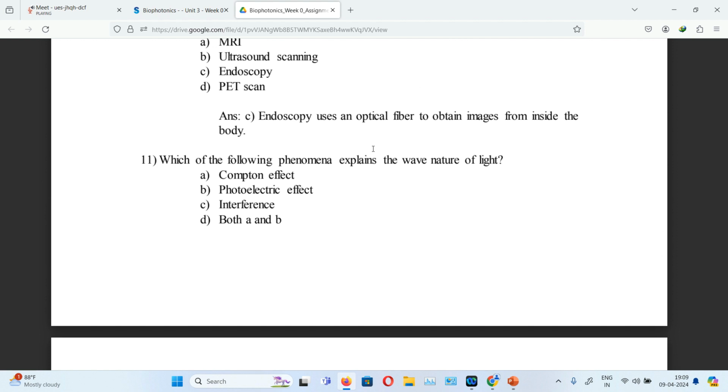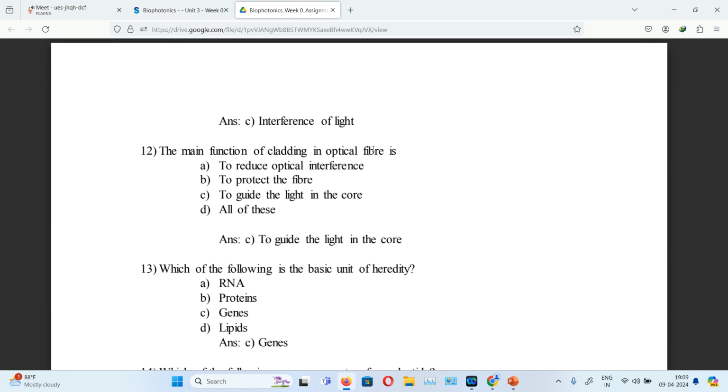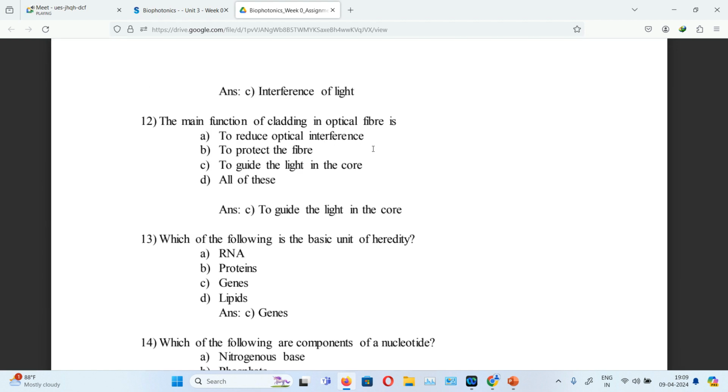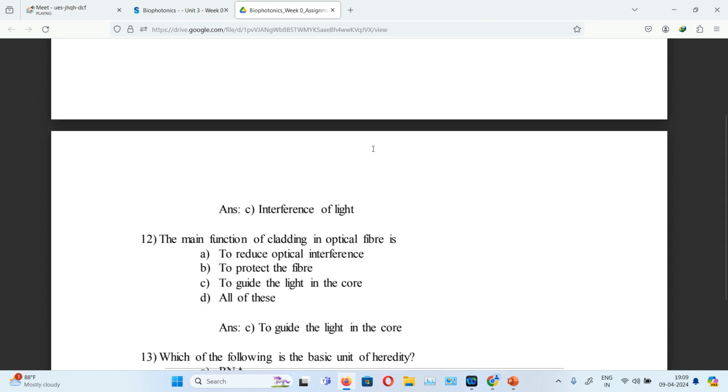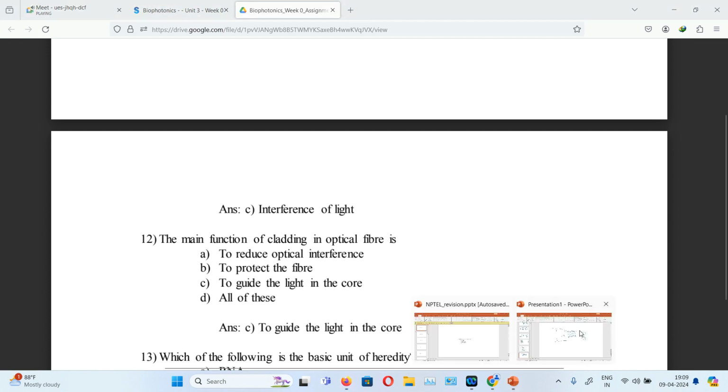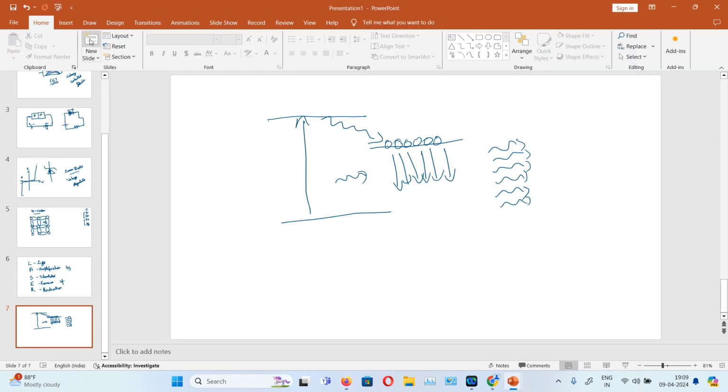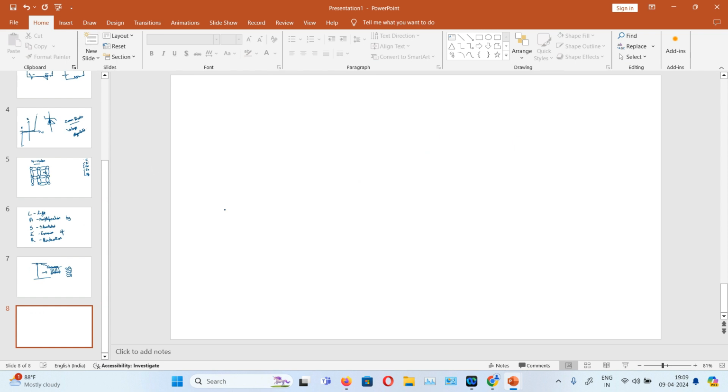So, the function of cladding of the optical fiber. Let's see what the main part of an optical fiber is. Optical fiber is a device which works on the basis of total internal reflection. What is total internal reflection?